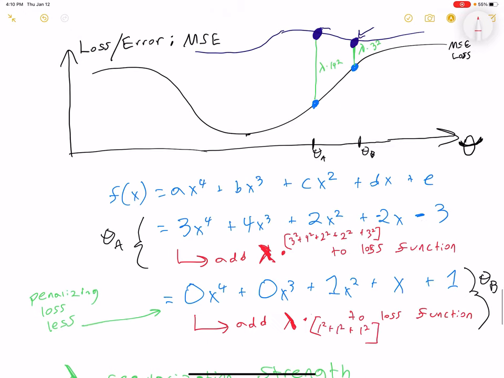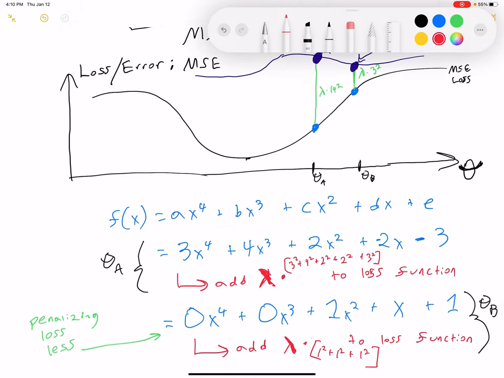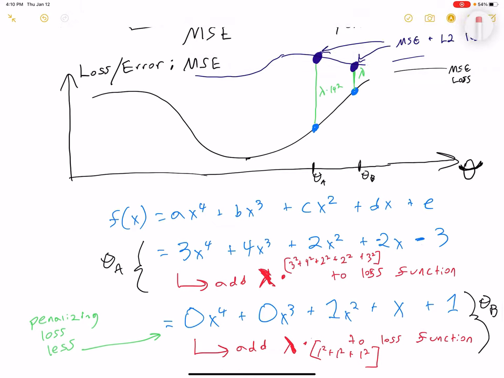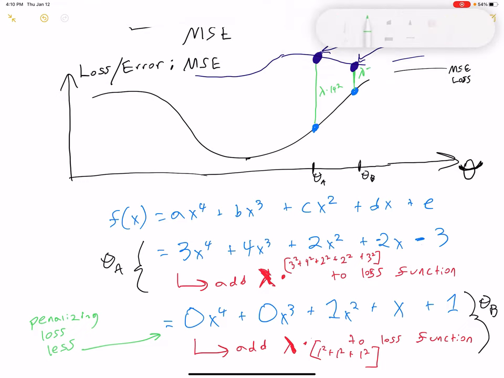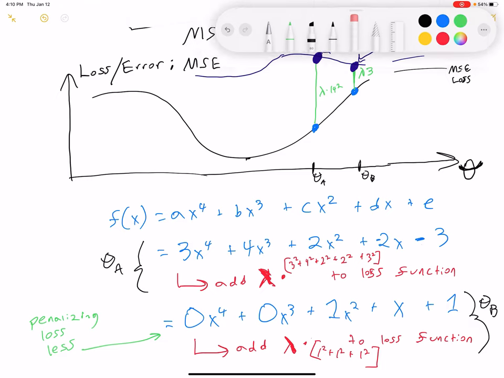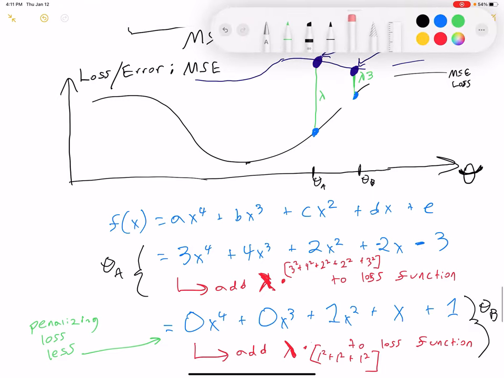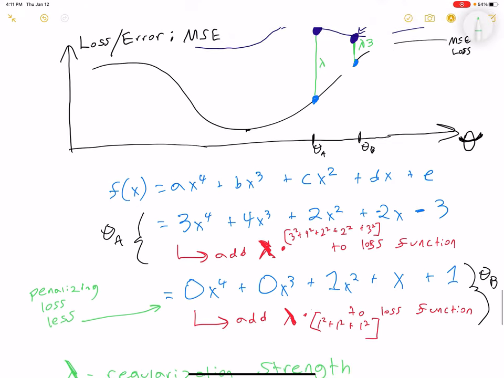So this one's still 3 times lambda. And yes, I apologize. I kind of went off the cuff with this example. Can someone do that math while I answer other questions? And let me know what that sum is.